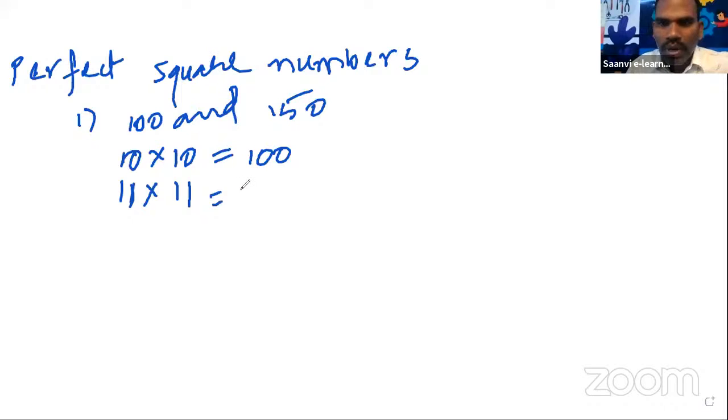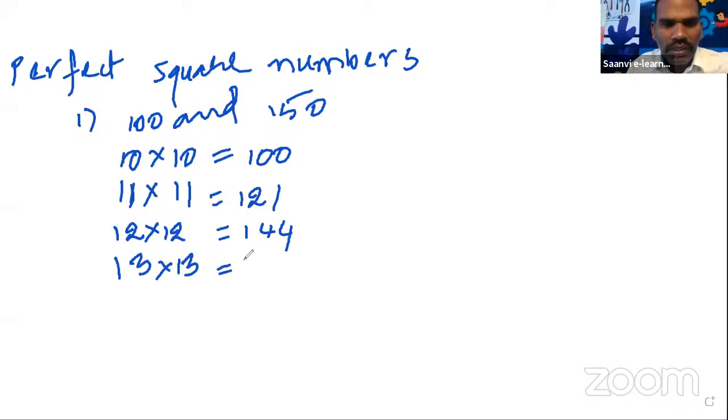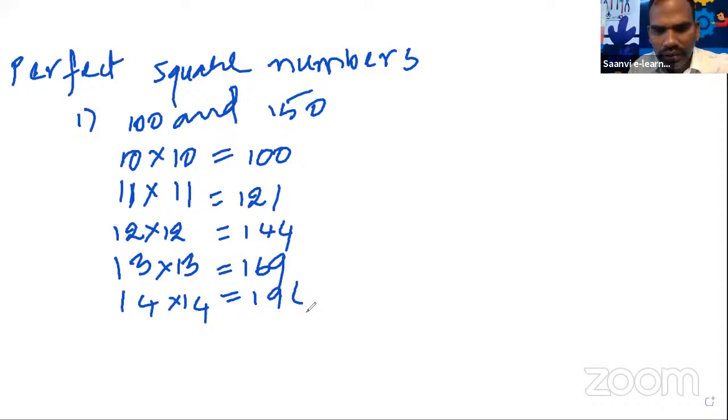How much? 121. 12 into 12, 144. 13 into 13, 169. 14 into 14, how much? 196. 15 into 15, 225.